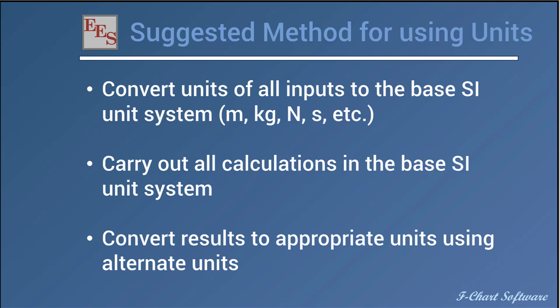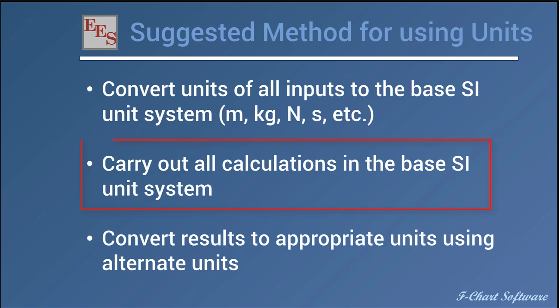We have developed a specific procedure for solving engineering problems that makes unit consistency easy to maintain. Inputs to any engineering calculation will inevitably be provided to you in relatively arbitrary units. These inputs then should be converted to the base SI system, so kilograms, meters, seconds, Kelvin, Newtons, etc., because these are a self-consistent set of units.